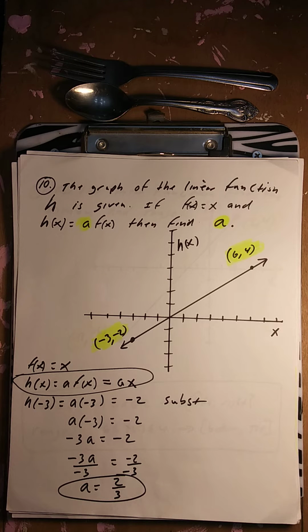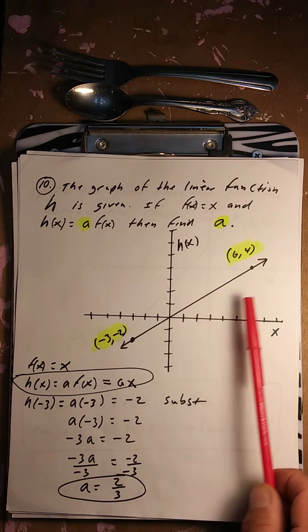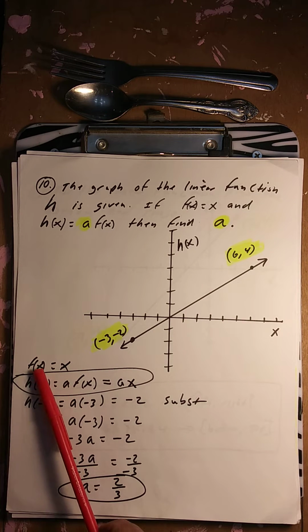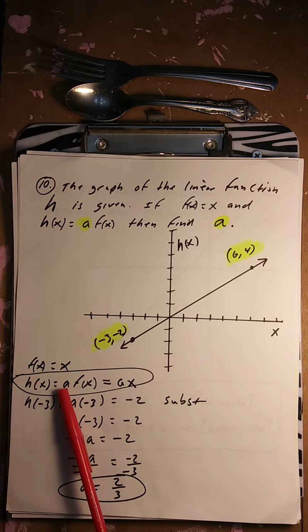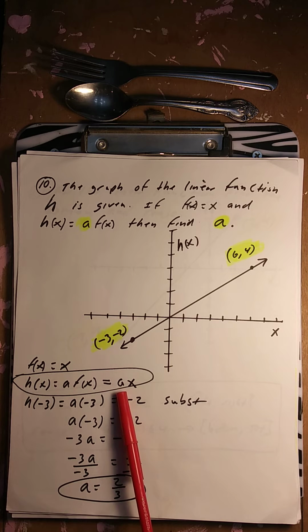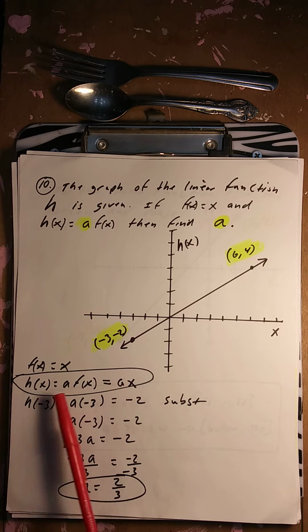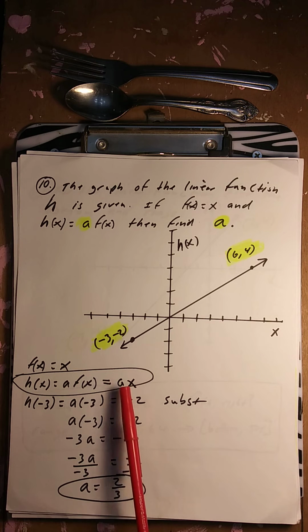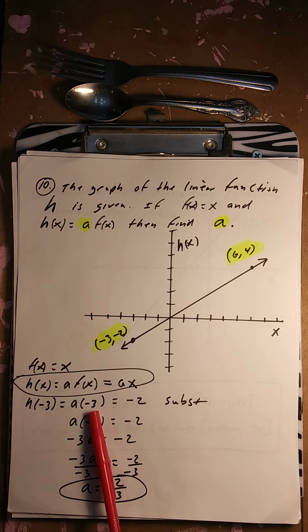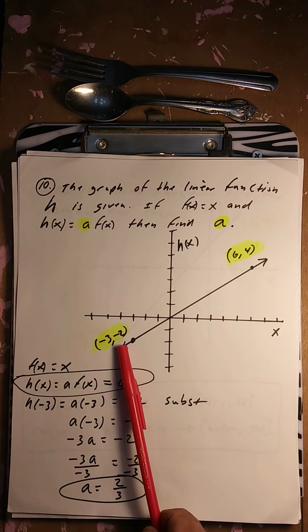The graph of the linear function h is given. If f of x equals x and h of x equals a times f of x, then find a. There's a graph. It's already there. F of x is x, and we know that h of x equals a f of x, or h of x equals ax, because f of x is x. So this one and this one are the same. So now h of negative 3 is the same thing as a times negative 3, which equals negative 2, using this point right here.